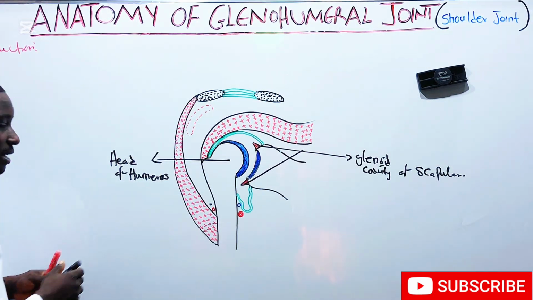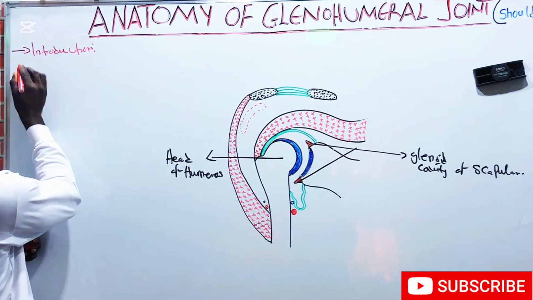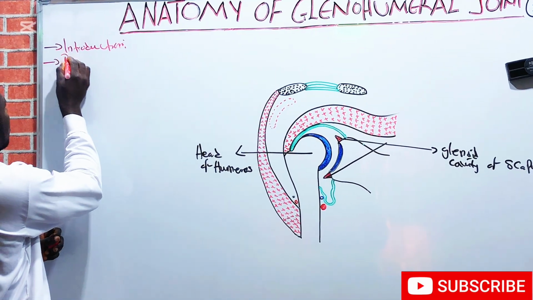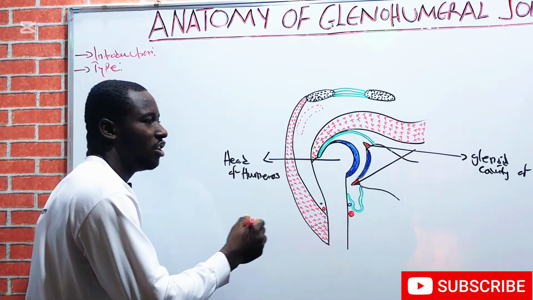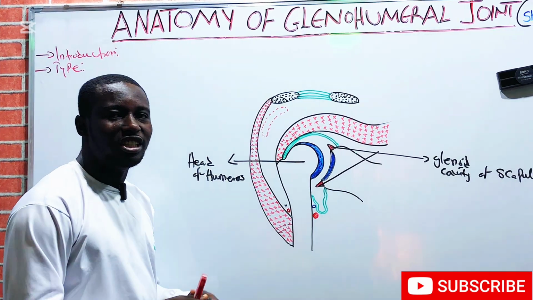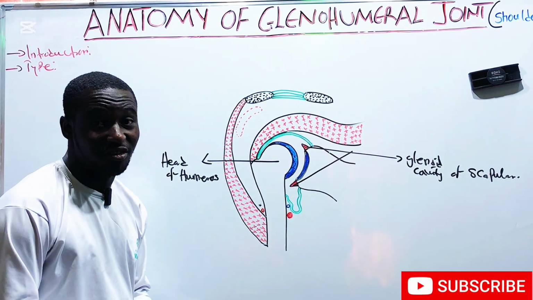So the next in line we'll be talking about is the type. What type of joint is the shoulder joint? The shoulder joint is a ball and socket type of synovial joint variety.